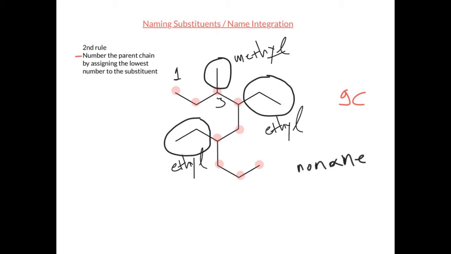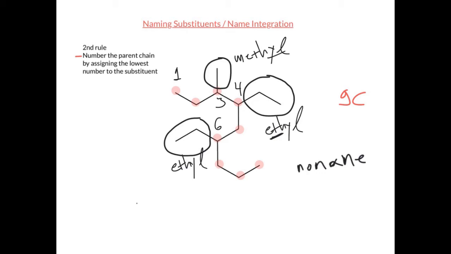We see here that we have a methyl group in number 3, an ethyl group in number 4, and another ethyl group in number 6. How do we name the compound now? It will depend on the substituents we have. Here we have ethyl and methyl. Ethyl comes first in the alphabet, so we're going to start with ethyl and we have to define the position.